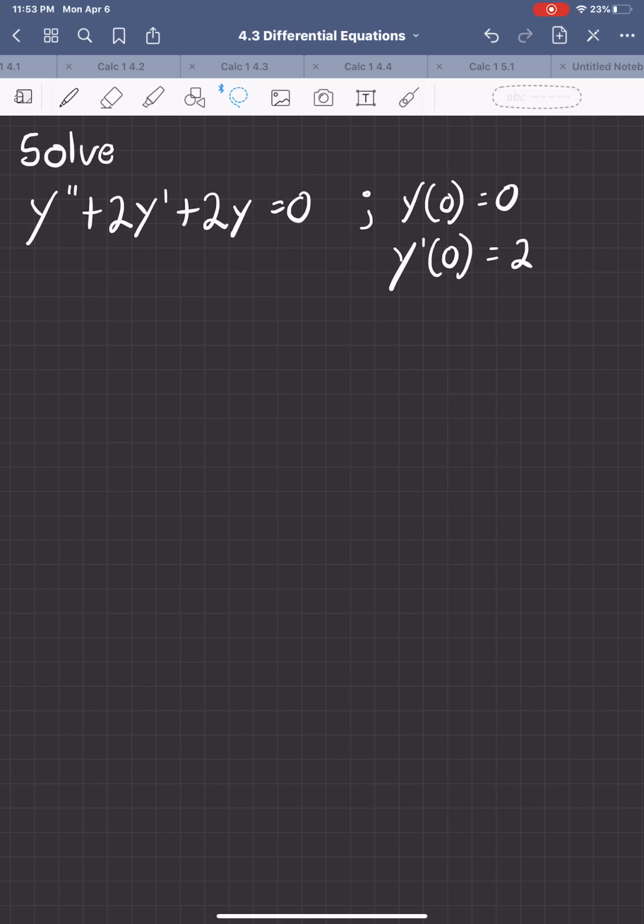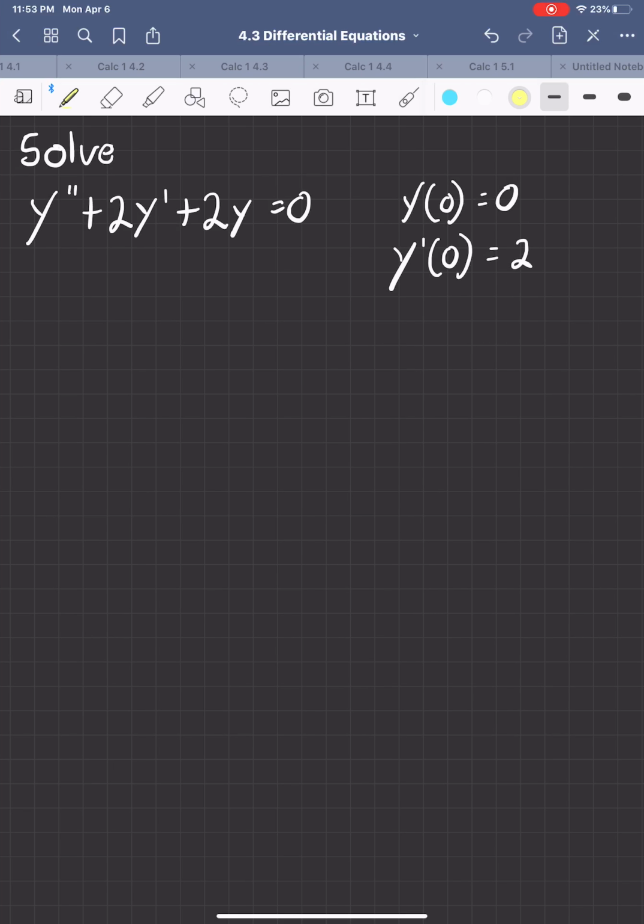So now, let's do one example. It says solve the following differential equation, and this is obviously an initial value problem. So we're given a little bit more information aside from just the differential equation.